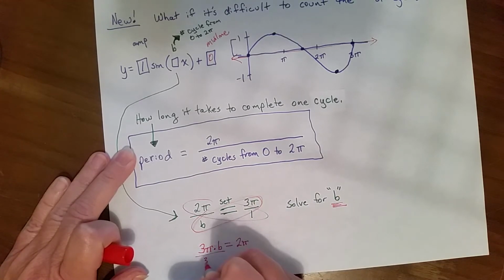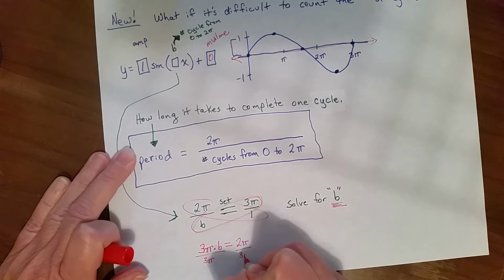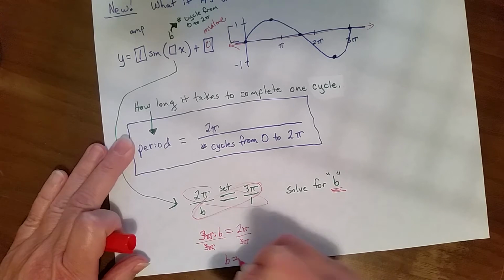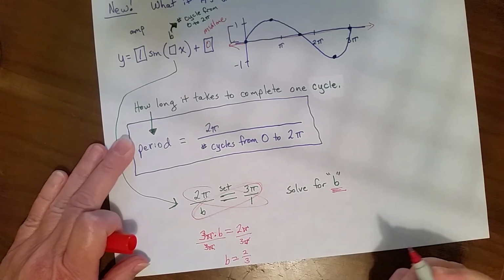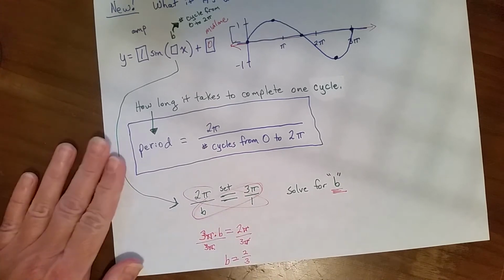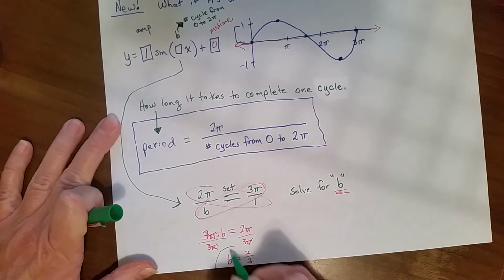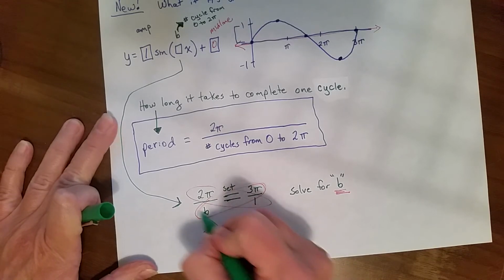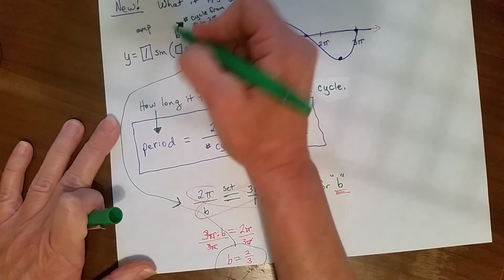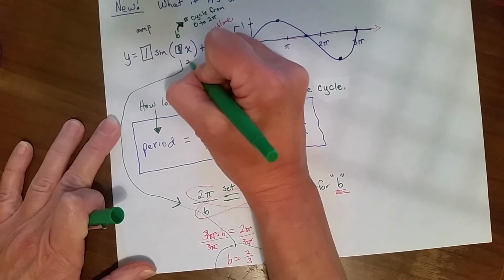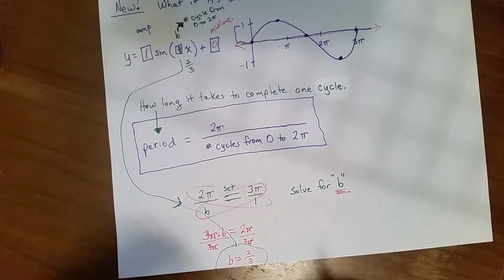So I'm going to divide by 3 pi, divide by 3 pi, so those go away. So b equals, now over here the pi's cancel and you just get 2/3. Okay, b equals 2/3, that's the number that's going to go right here. So I'm going to put 2/3, it's hard to see, but 2/3 is what goes right there.